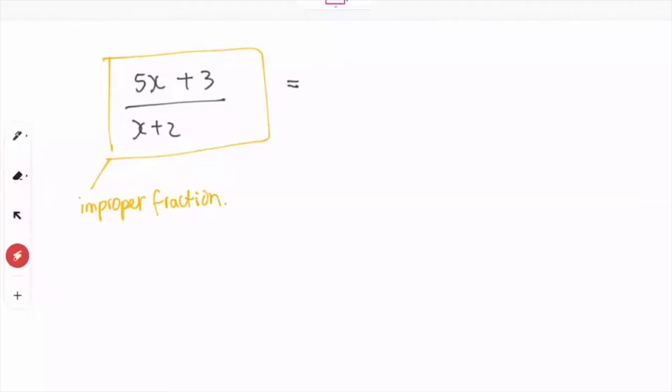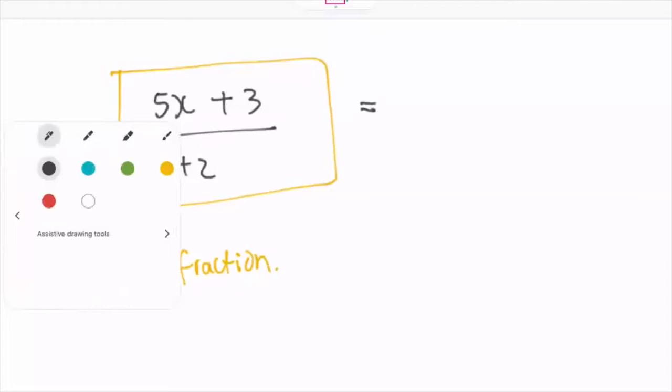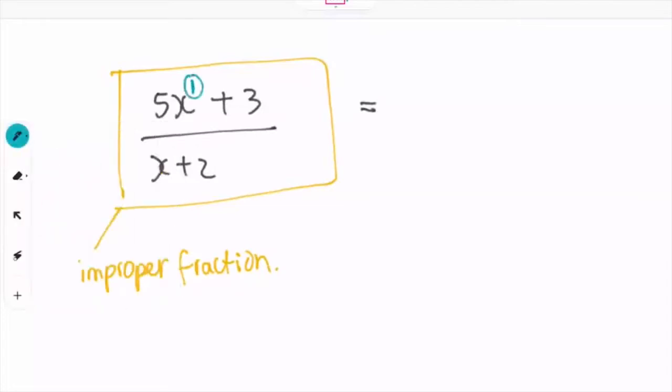You know why? The order at the top and the order at the bottom are the same. What do you mean by order? The power here, power 1.